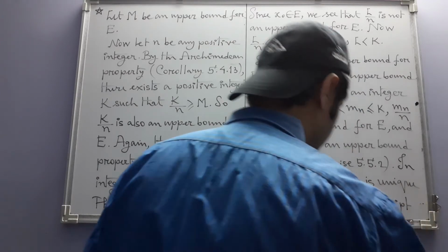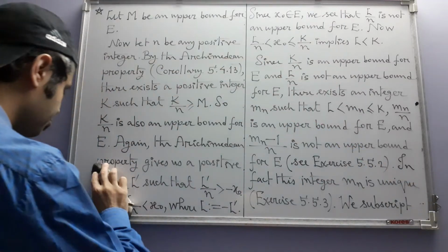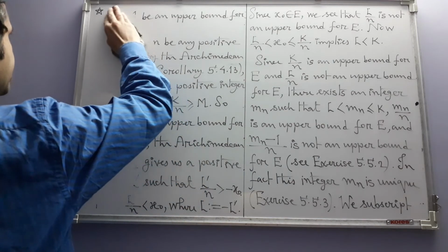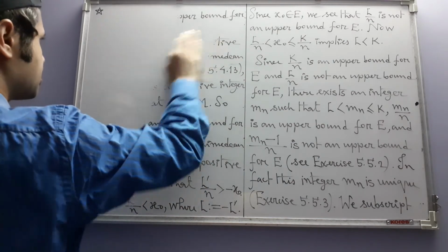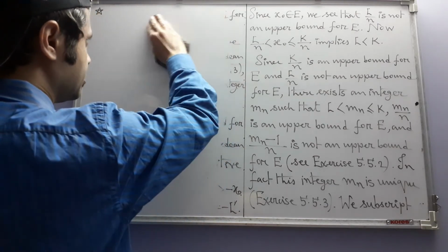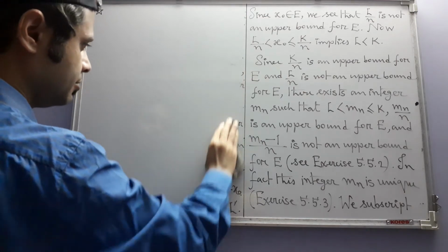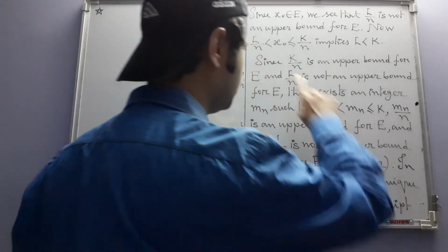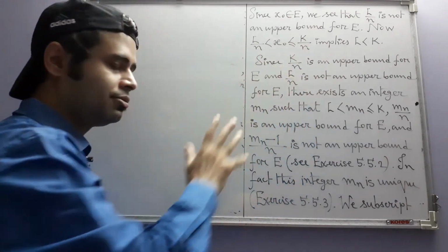We subscript mn, the integer mn by n. You see that the integer mn has a subscript n. This emphasizes the fact that mn depends on n. Keep in mind that all these things are happening for every positive integer n.